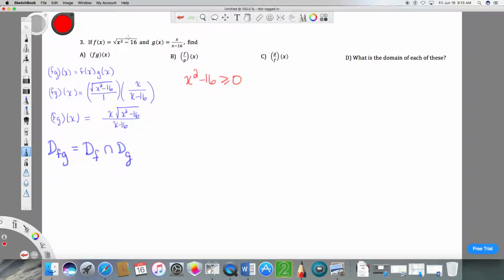Now, we don't have to worry about division by 0. There's no variable in the denominator. And to solve this inequality, we factor this into x plus 4 and x minus 4. And if you want to refer to those as critical points, that's what they are often referred to as.